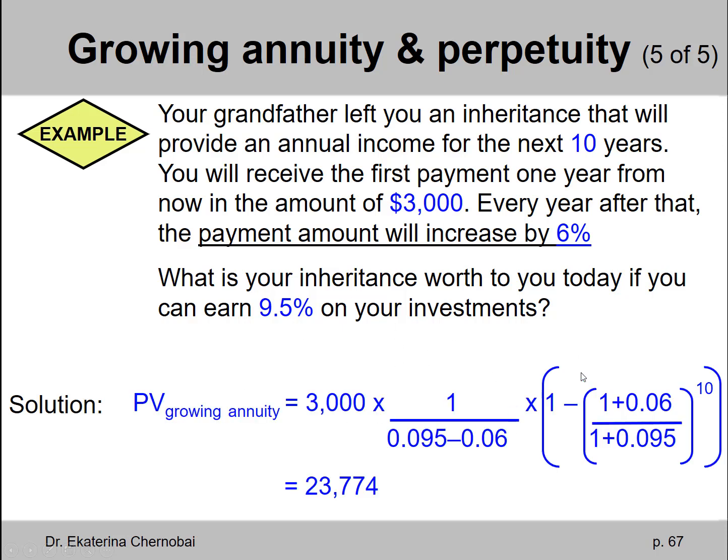You need to use the formula where you plug in the numbers and solve it by hand. So 3,000 times 1 over 0.095 minus 0.06. Then you multiply the whole thing by, open parenthesis, 1 minus a fraction to the 10th power, where in the numerator you have 1 plus 0.06 and on the bottom you have 1 plus 0.095.